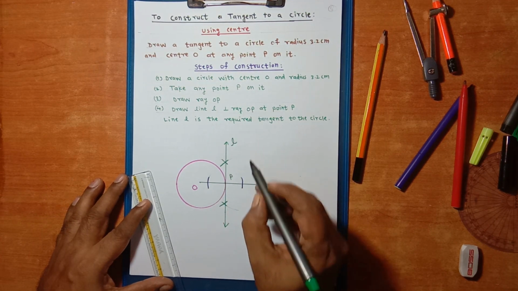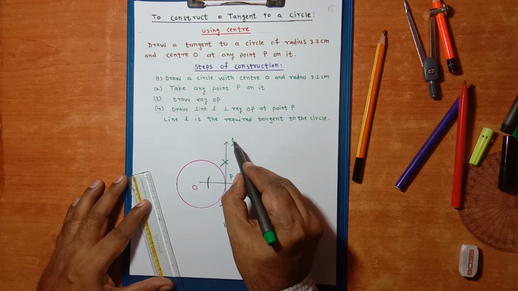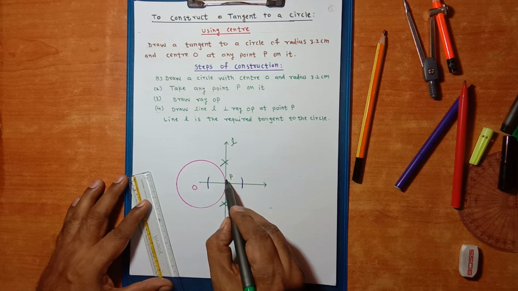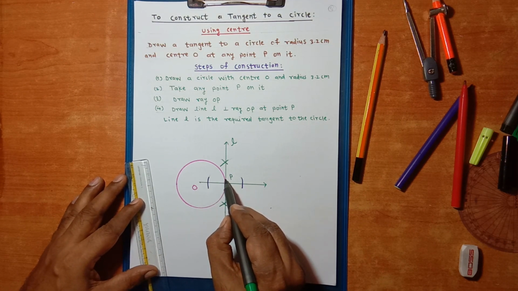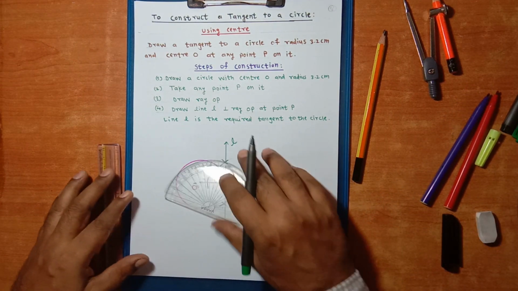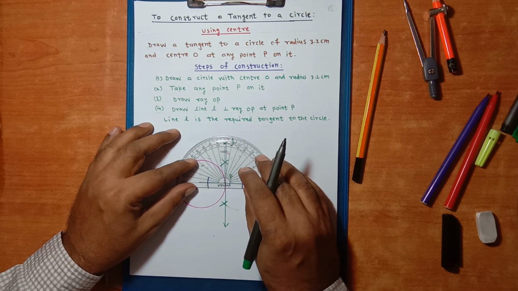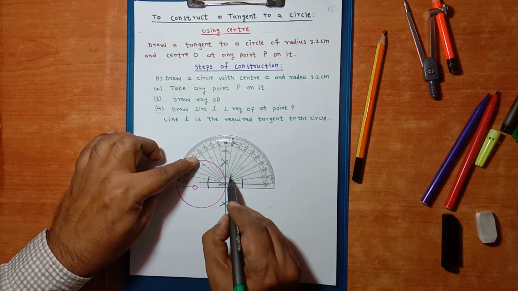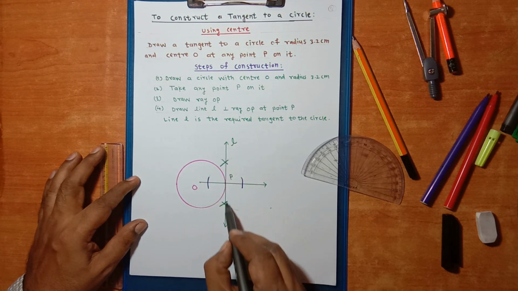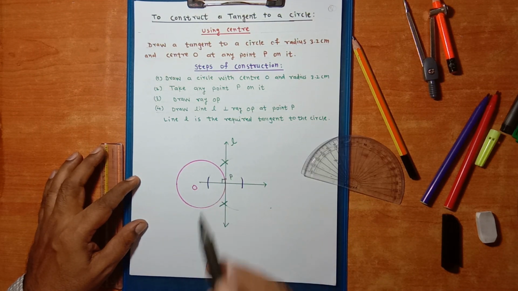This is line L. Line L is perpendicular to radius OP at point P. That means it is a tangent of this circle. Now with the help of a protractor, let us measure this angle. This angle is 90. So radius OP and line L are perpendicular to each other.